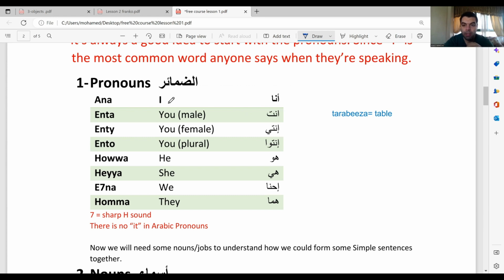I say أنا, أنا. And notice how the A in Arabic, or alif, that's the first letter, is not as open as in English. When you say أنا, you see, my mouth is not really open that much.